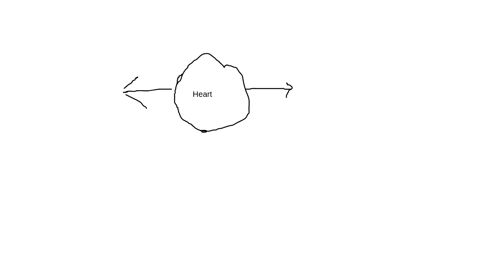The blood that's coming in is causing the heart to stretch. That pressure that is building up before the contraction is referred to as preload, right? So that's the preload pressure.